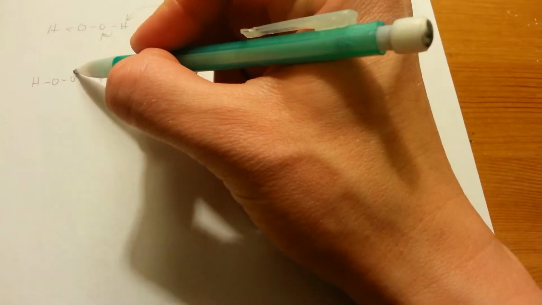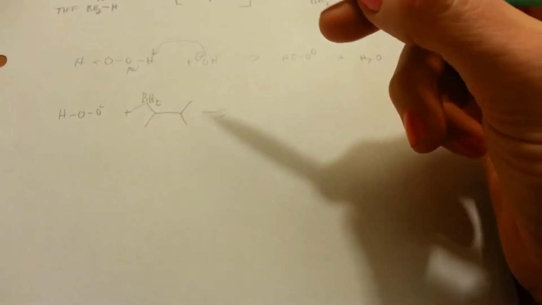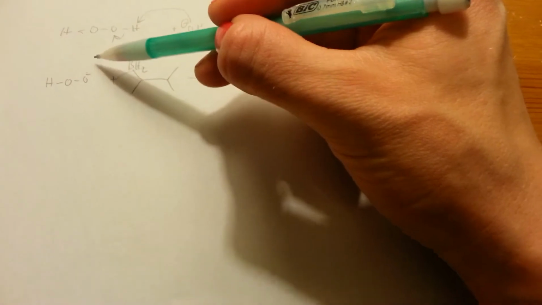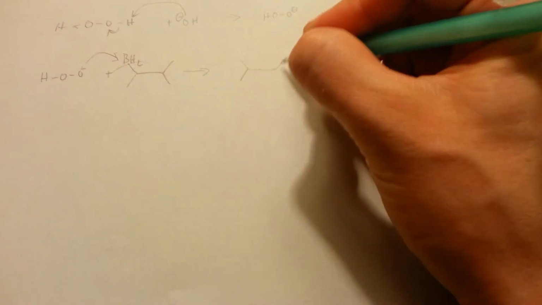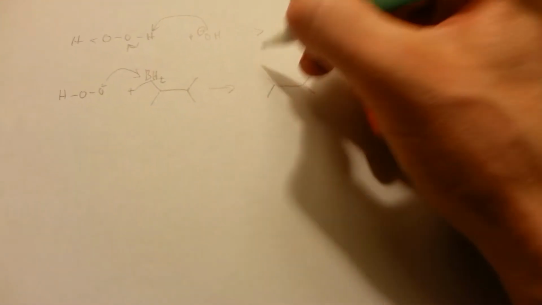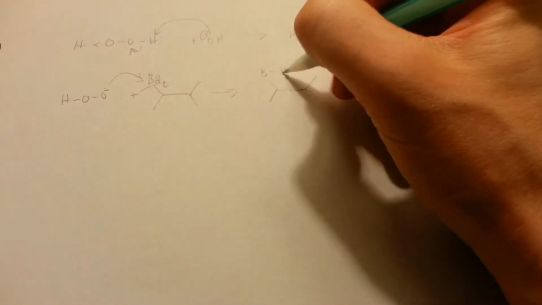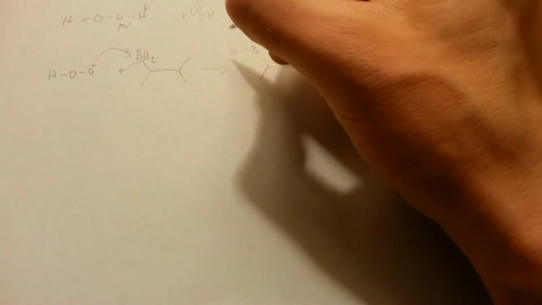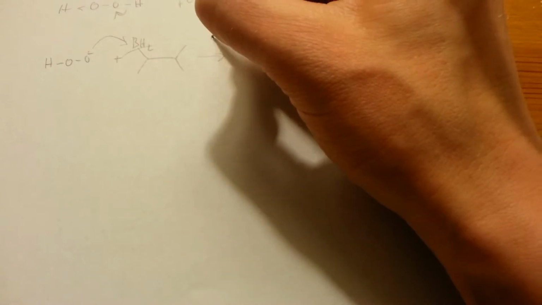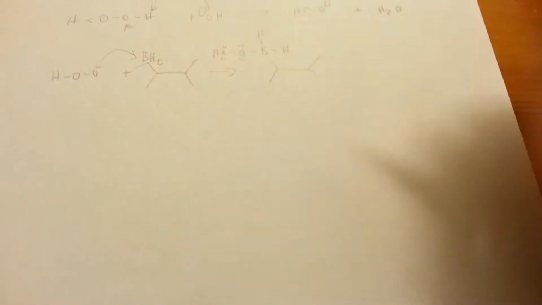So the OOH negative is going to attack your BH2. And you're going to end up with this. You're going to have the BH2, but you're also going to have this attached. And you've got your lone pairs there.